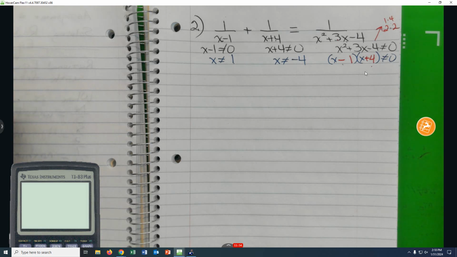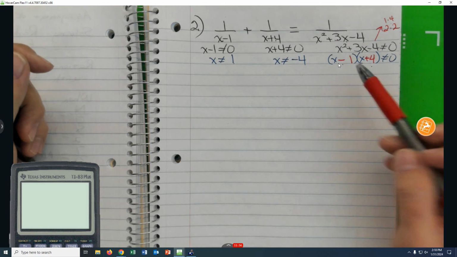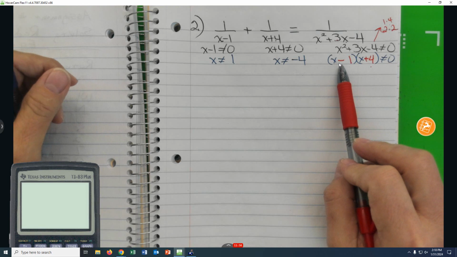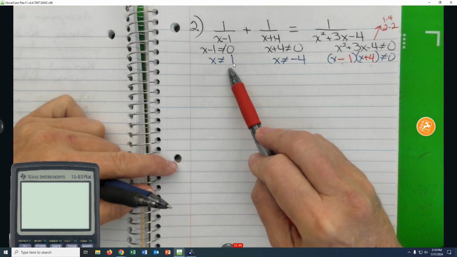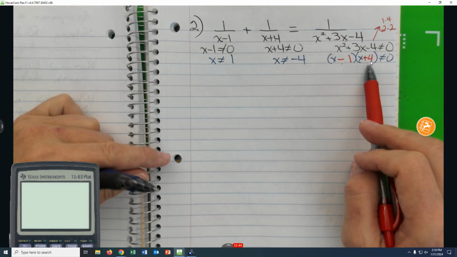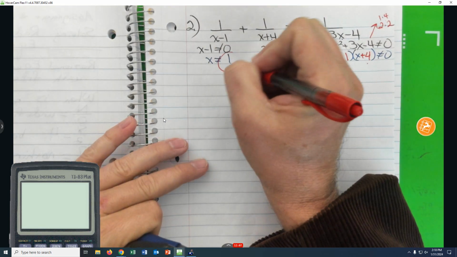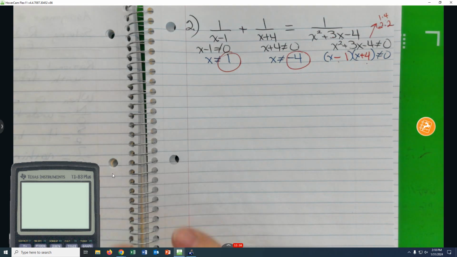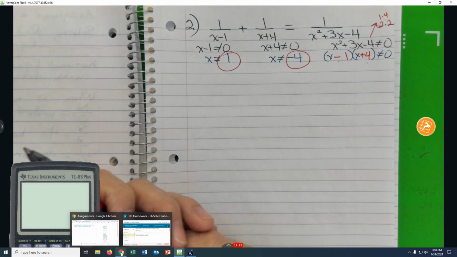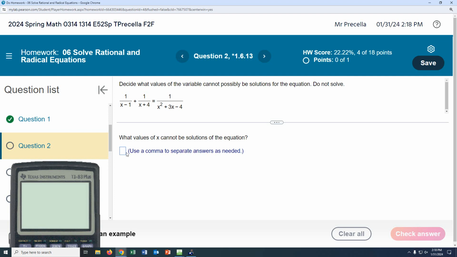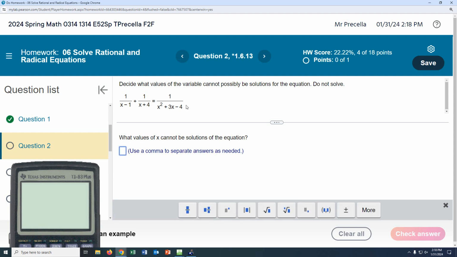Are we going to get anything new here? When is x minus 1 equal to 0? Positive 1. When is x plus 4 equal to 0? Negative 4. We already had the solutions, 1 and negative 4. And I think it's rigged where this will always be a factor of those two there. So 1, comma negative 4.